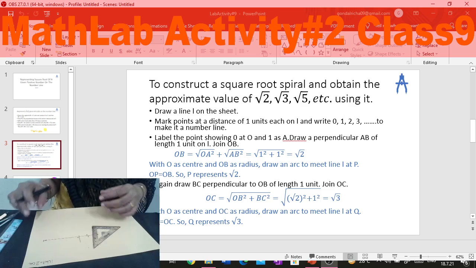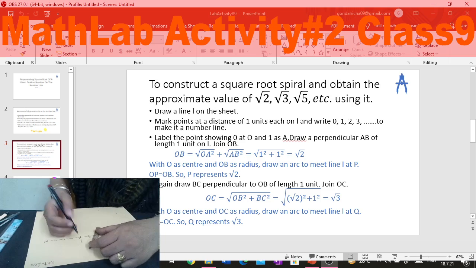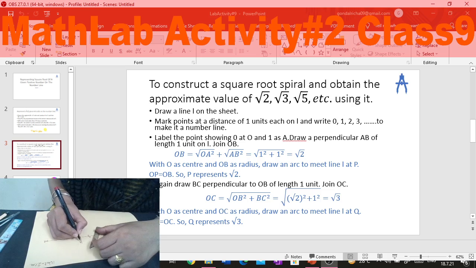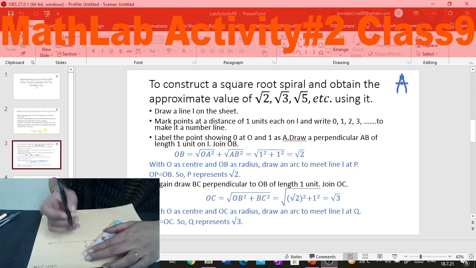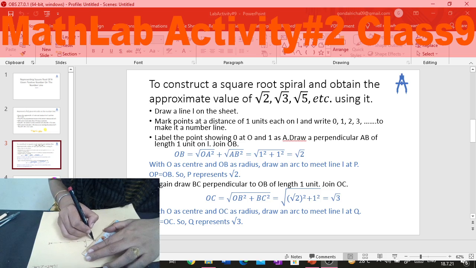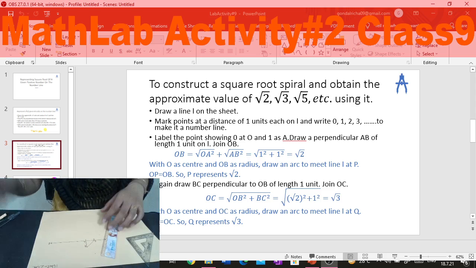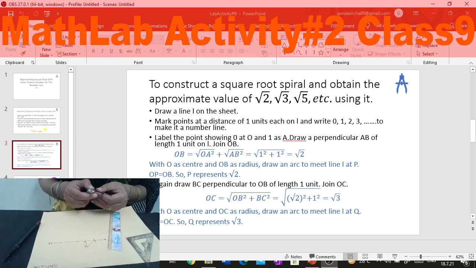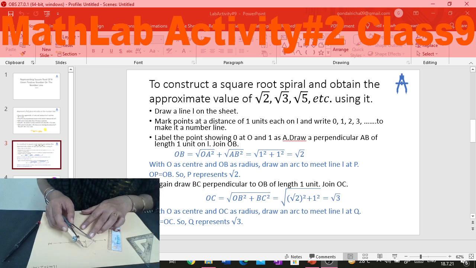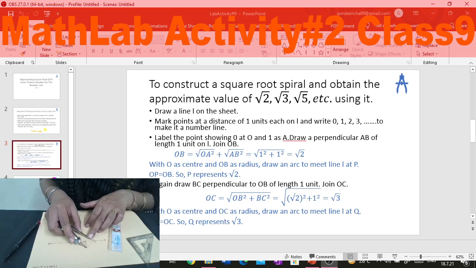Now what we have to do? We will join this point B to O. Now to represent this OB, I will mark an arc by taking O as center and OB as my radius.